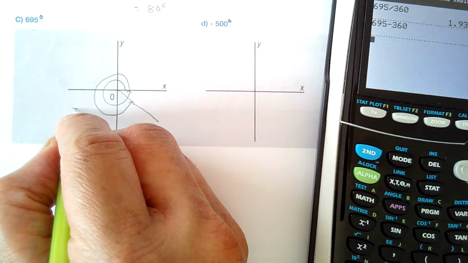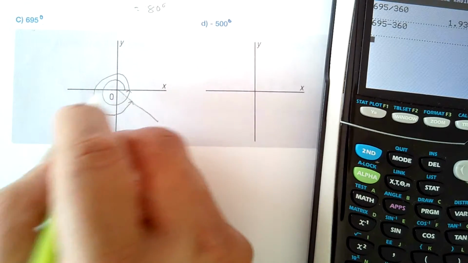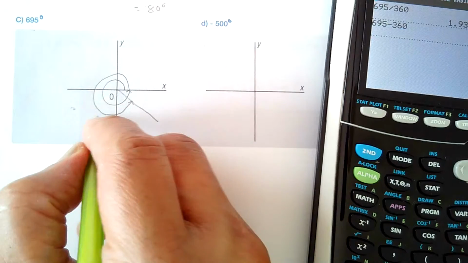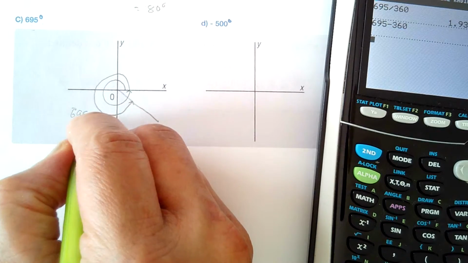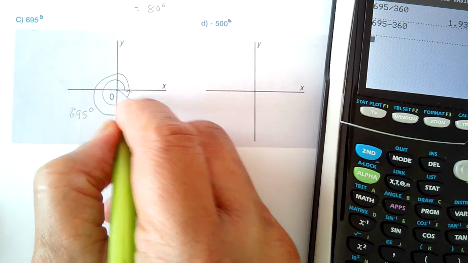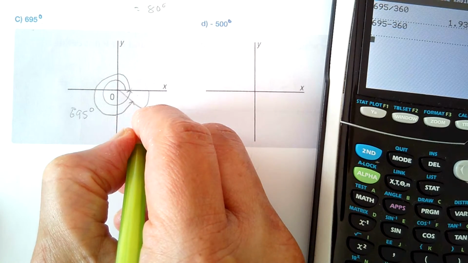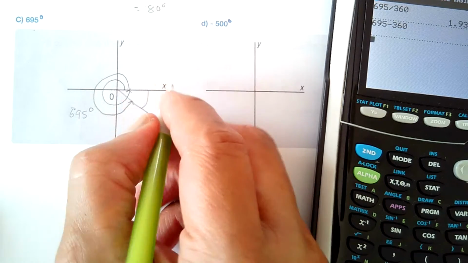So if you look at this, it would be 335 from here to here, altogether 695 degrees. So from here, the reference angle would be 25 degrees.